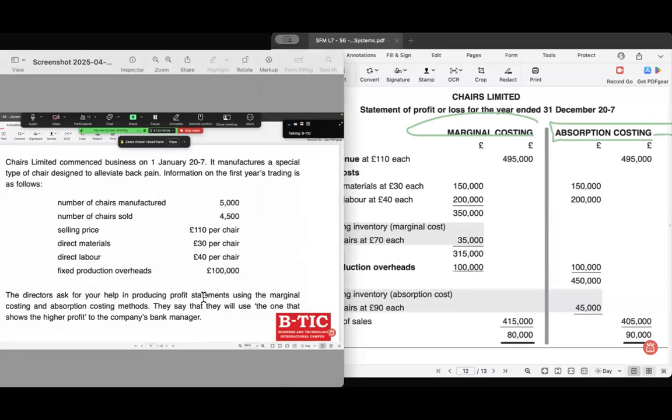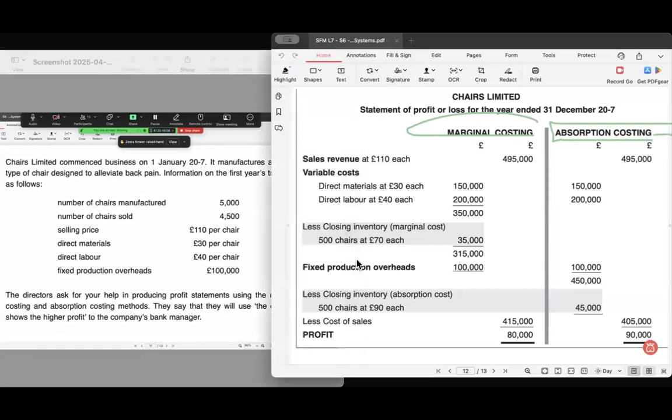And they say the one that shows the higher profit goes to the company's bank manager. See, I told you about window dressing yesterday, manipulation of financial data. As you can see, this is one example. They say use both methods, and the one that shows the higher amount will be shown to the bank manager. So this is an example of manipulation.